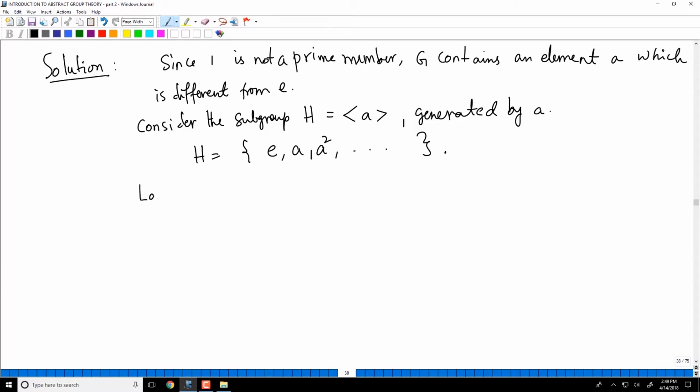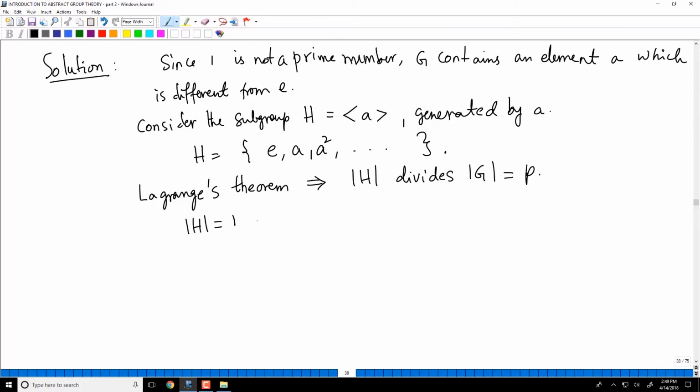Now Lagrange's theorem says what? It gives the order of H divides the order of G, and the order of G is a prime number. But because P is a prime number, the only numbers that divide a prime number are 1 and that prime number.